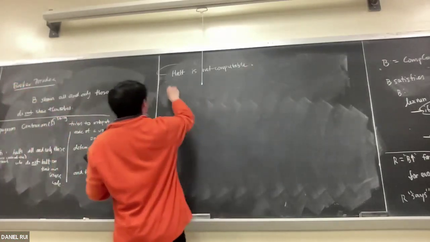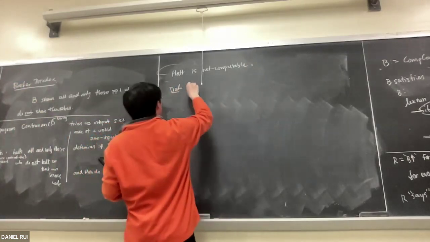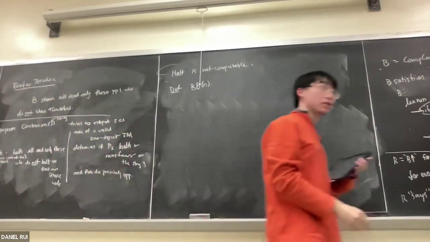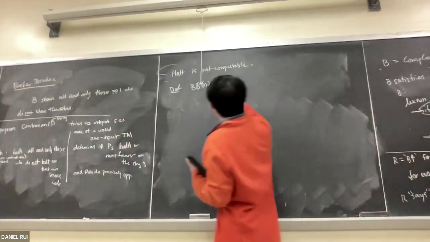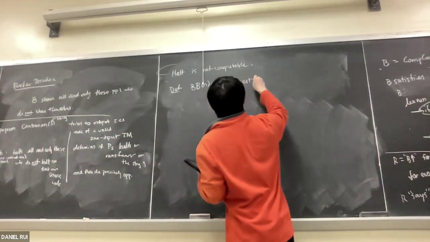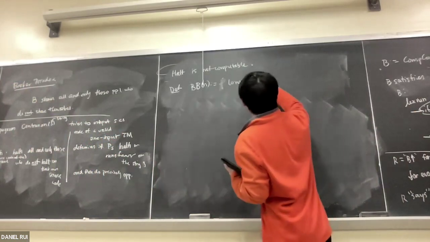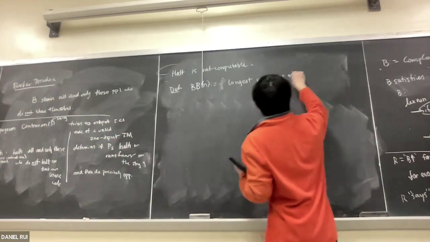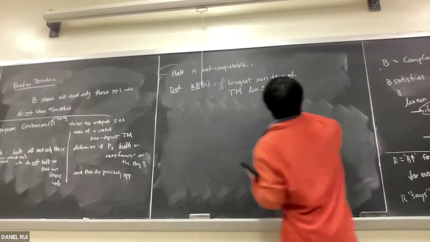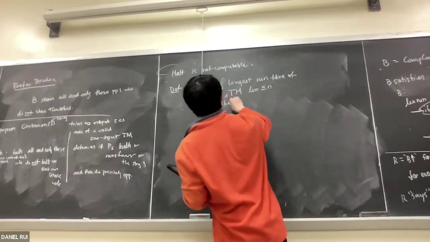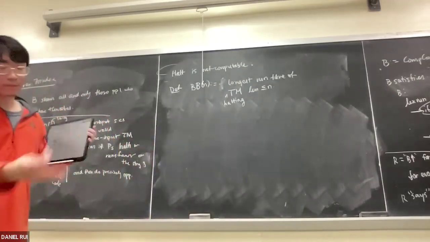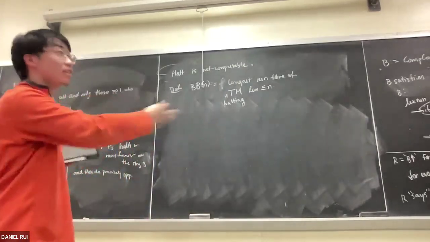So now let me give you this definition. The definition of the Busy Beaver numbers. BB stands for Busy Beaver. This is the longest runtime of halting Turing machines of length less than n, where length is some notion of length for the data of the Turing machine.